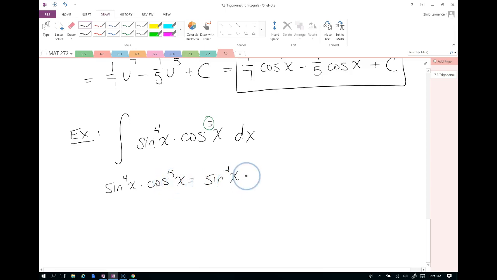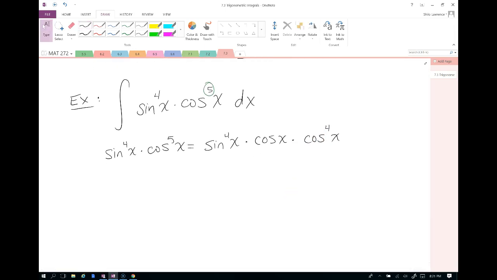My cosine to the 5th, I'm going to hold on to one of them. And if I do that, I'll have 4 left. Remember though, your Pythagorean identity can only switch over squares. So I'm actually going to do one more rewrite of this expression, and I'm going to break that cosine to the 4th into cosine squared times cosine squared.